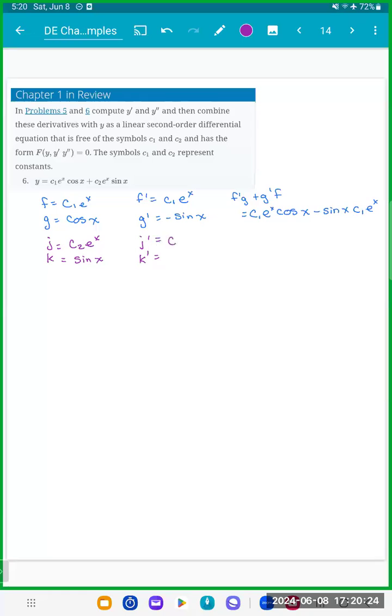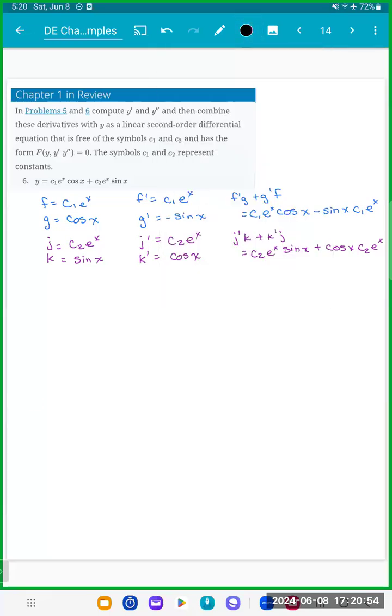Our j prime is going to be c2 e to the x, and our k prime is going to just be the cosine of x. So when I combine j prime times k plus k prime times j, that gives me c2 e to the x sine x plus cosine x c2 e to the x.